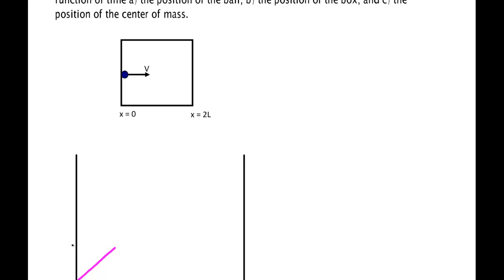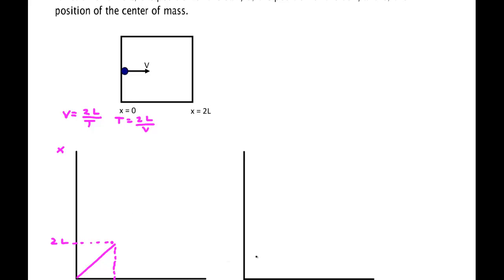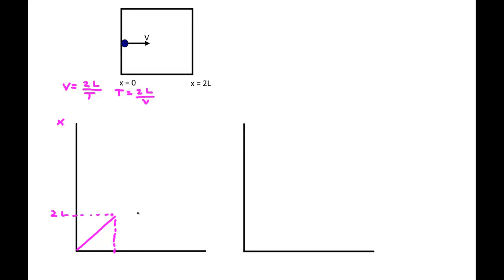It goes for a distance until it gets to 2L, and we can even determine that time. We know that v is equal to the distance it covers, 2L, over time t. So t is equal to 2L over v. Let me put that in there. So this would be till time 2L over v.